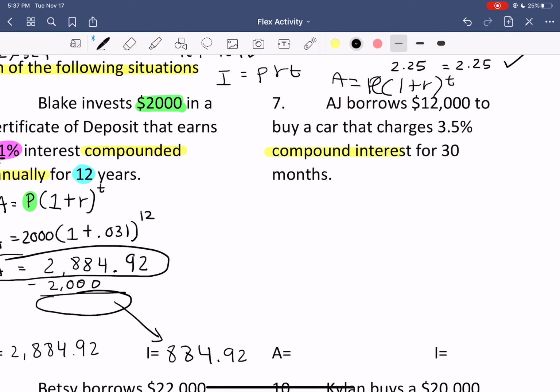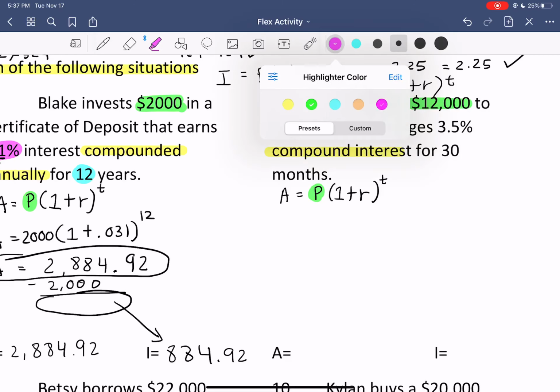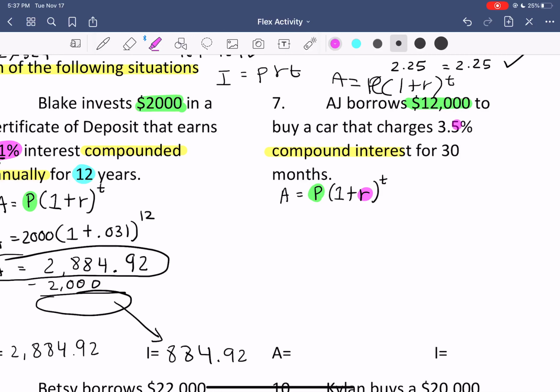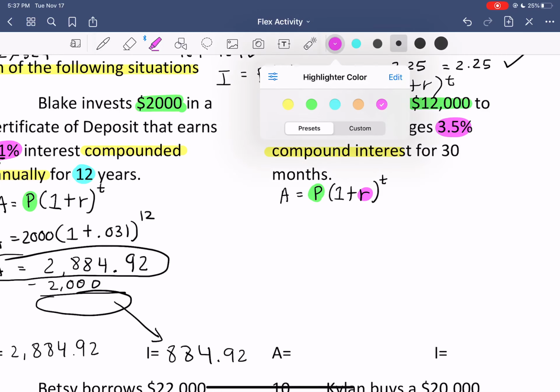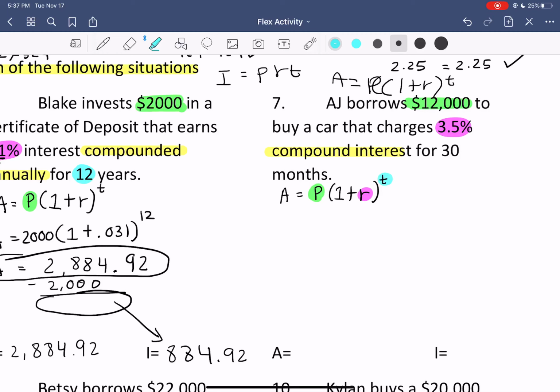So that means the formula that we're going to use is A equals principal times 1 plus r to the t power. So from here we can get our principal amount. The loan was $12,000, so that's our principal.